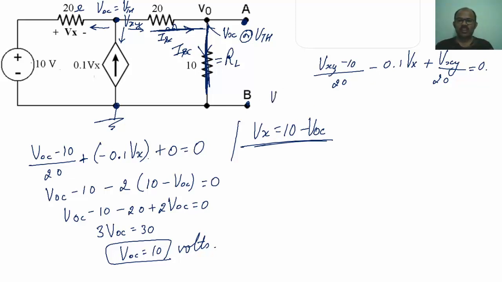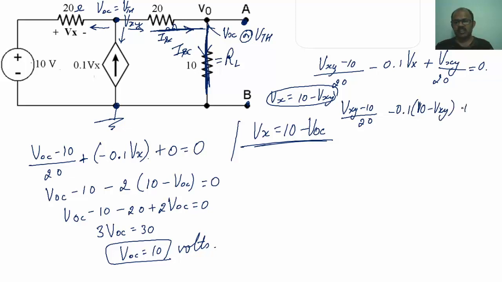In this case, now Vx is defined as 10 minus Vxy. So I'll be getting (Vxy minus 10) divided by 20 minus 0.1 times (10 minus Vxy) plus Vxy divided by 20, which is equal to 0.